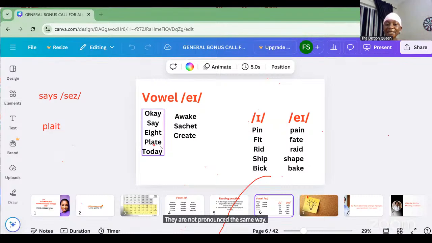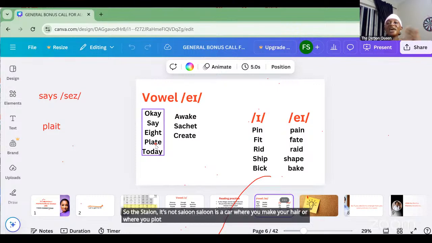Take your plate to the salon where you will plait your hair. It's not saloon. Saloon is a car. Where you make your hair or where you plait your hair or even have a haircut is a salon. So the salon to plait your hair.